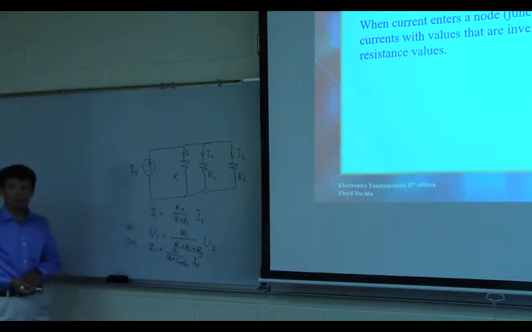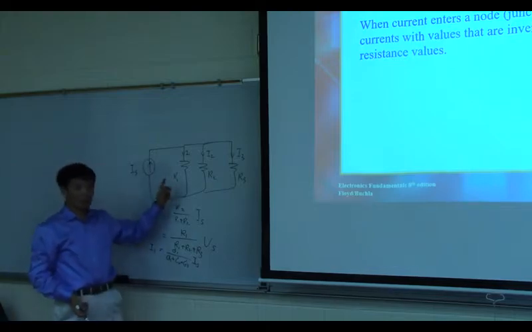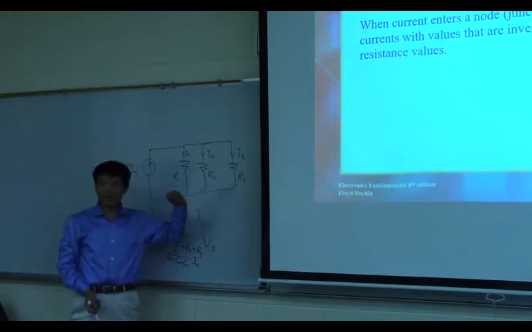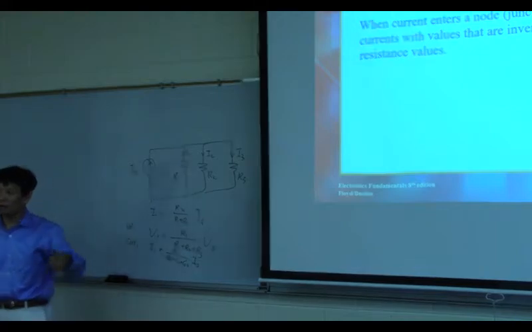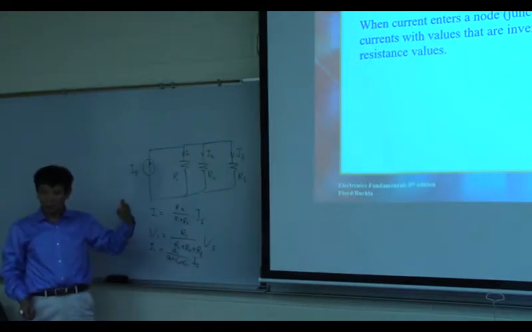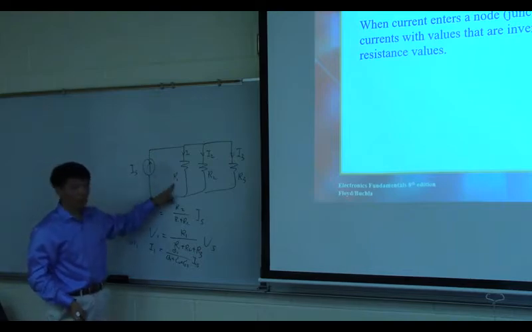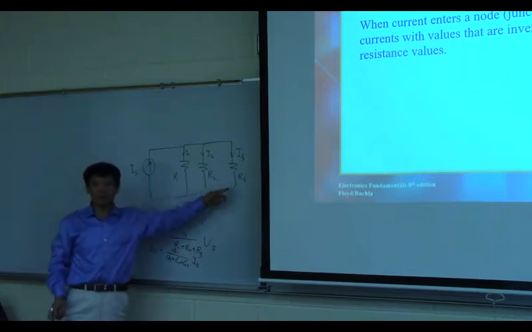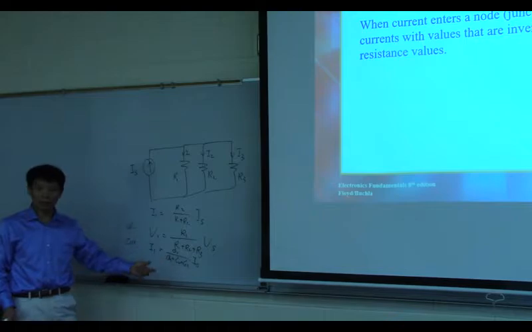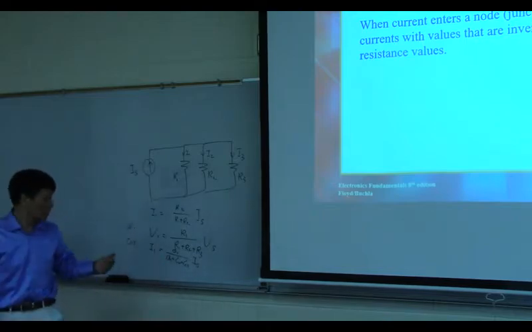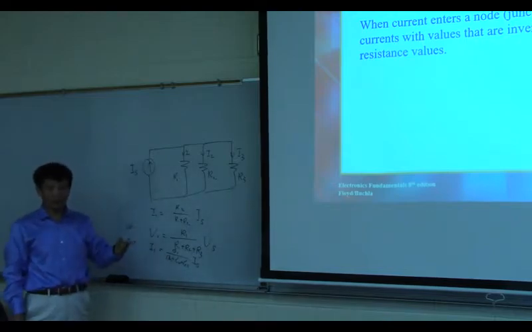Just like this. Again, if we are given R1, R2, R3 instead of conductance 1, 2, 3, we take one more step first. Convert into G1, G2, G3, then we use this one. So this way you need only memorize one formula.